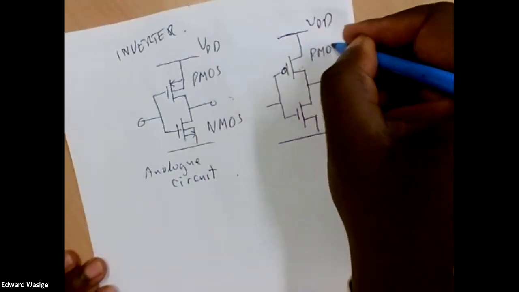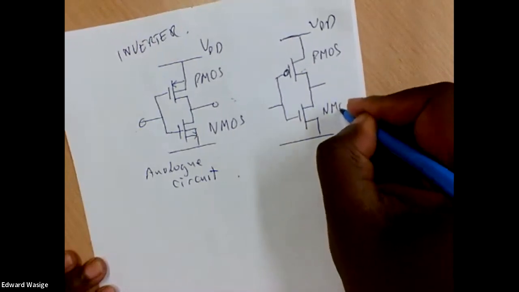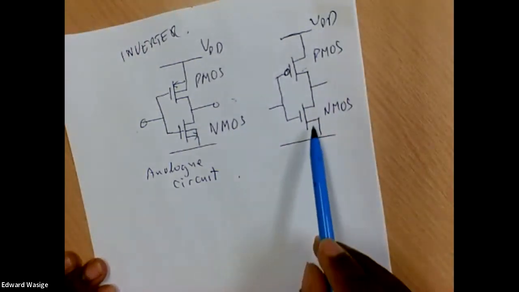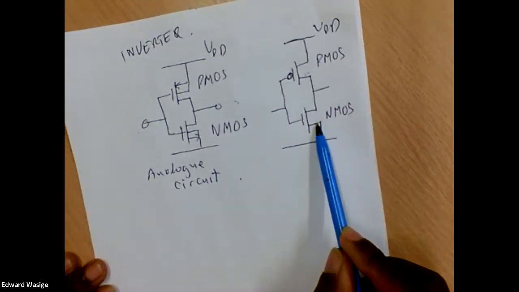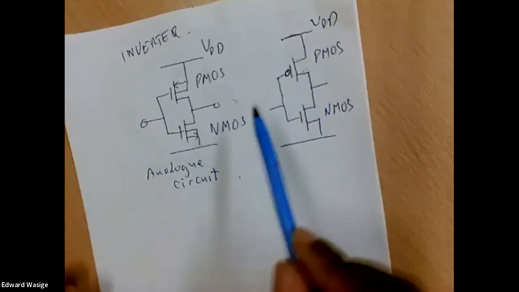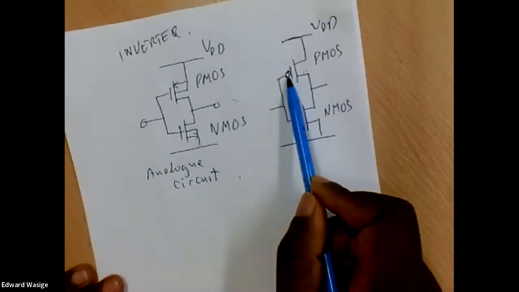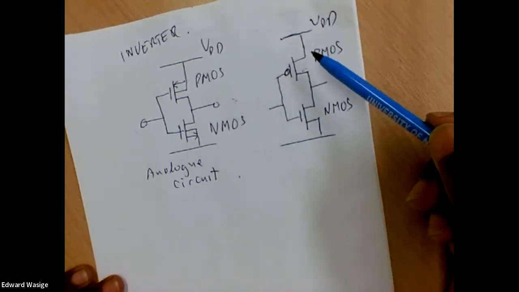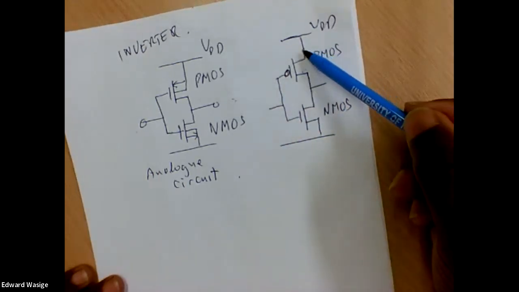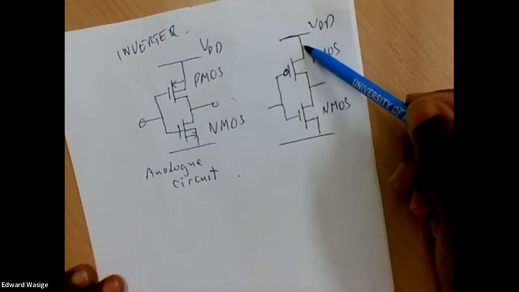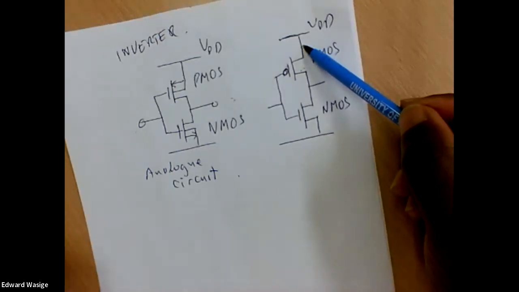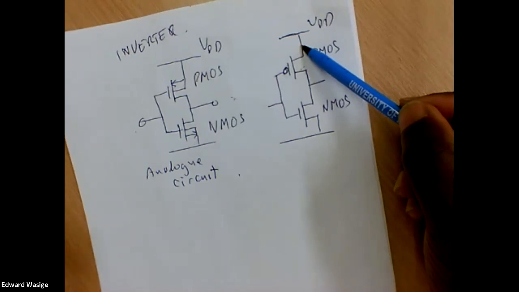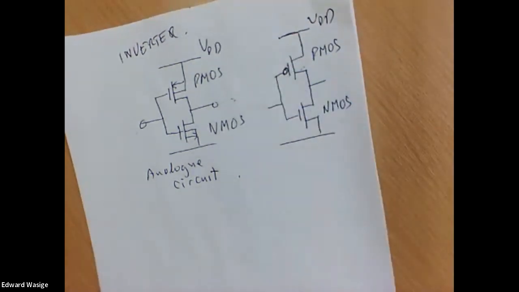This is your PMOS device. This is your NMOS device. There is no arrow there to show direction of flow. The only thing that tells you this is a PMOS device is the little blob here. And as I said, for the PMOS devices, we flip the device the other way around, such that the source is at high potential, because that gives us the negative control voltage.